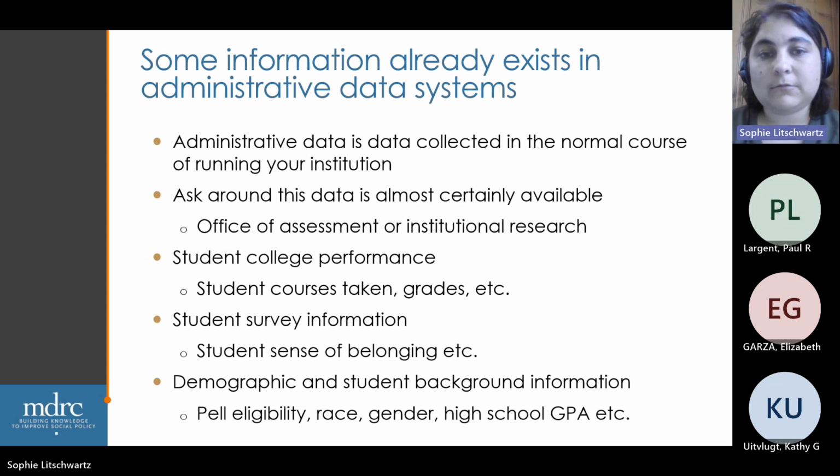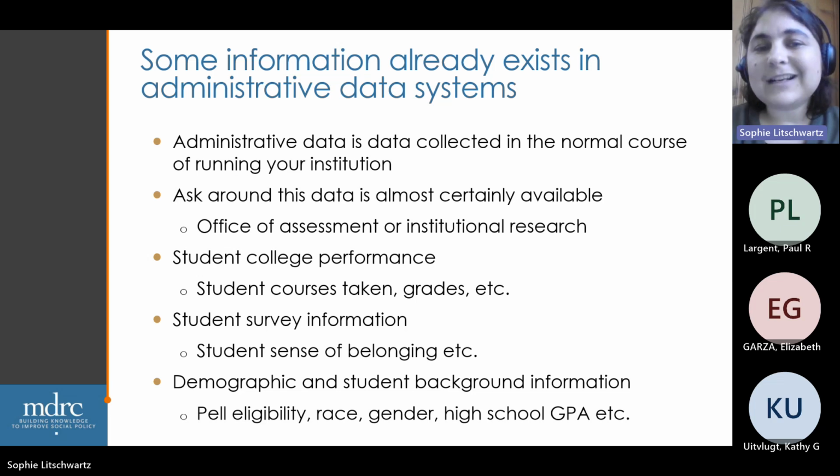Some information generally already exists in administrative data systems. Administrative data is data collected in the normal course of running your institution. If you don't know where this data is, it's usually available. If you ask around, either at the Office of Assessment or Institutional Research, they might be able to point you to how to get this data.